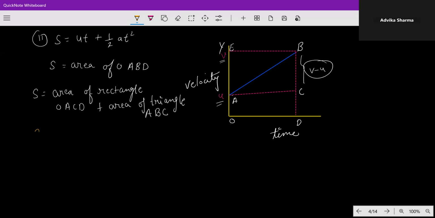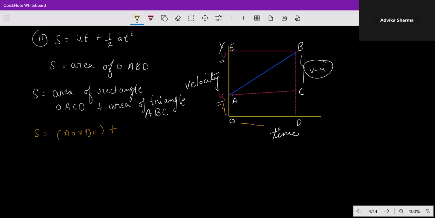Next step, we know that the area of a rectangle is length into width, so we can say OA multiplied by OD. And the area of a triangle is half base into height.